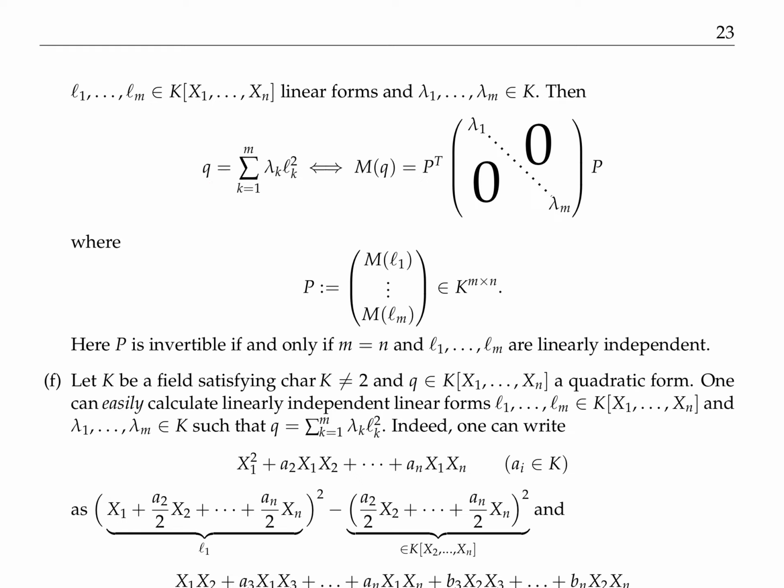So we have Q is a weighted sum of squares if and only if the representing matrix of Q has this representation, where the coefficients of the linear forms form the rows of P.